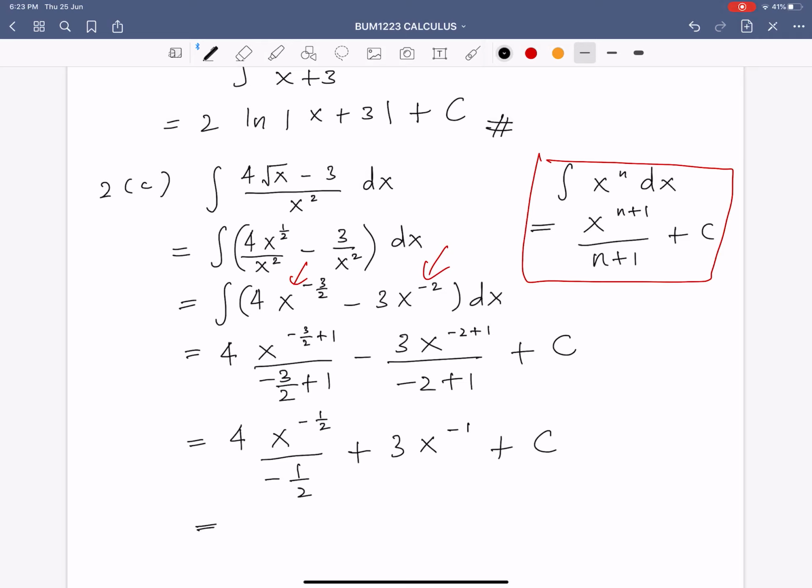And this is equal to, okay, remember we don't want our answer to be a fraction in a fraction, so we need to rewrite this in order to simplify it. So what we will have is 4 times negative 2 over 1, or 4 times negative 2, plus, remember we also want to avoid negative power in our final answer, so 3 times x power of negative 1 can be rewritten as 3 over x plus c.